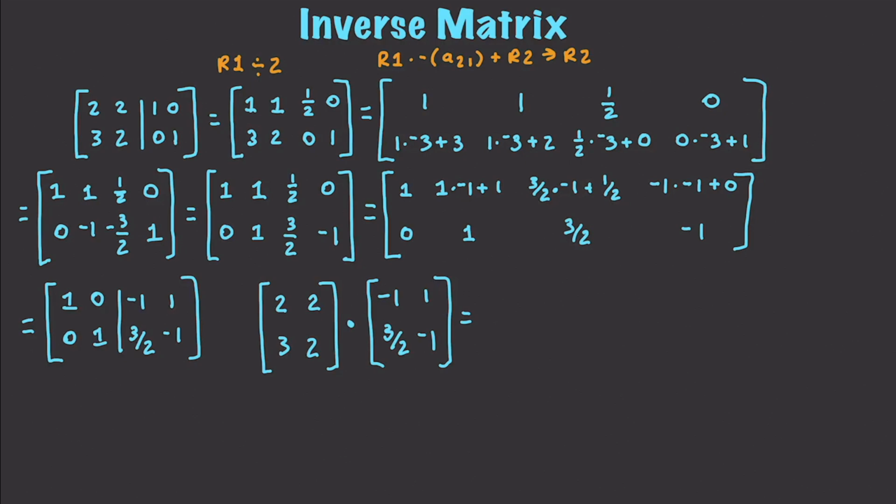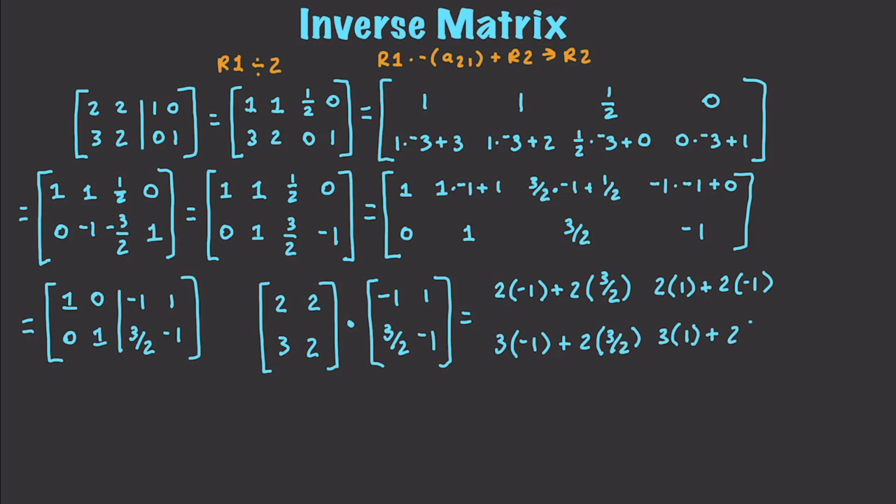If those are multiplied together, that is going to give us 2 times negative 1 plus 2 times 3 over 2, and 2 times 1 plus 2 times negative 1, 3 times negative 1 plus 2 times 3 over 2, 3 times 1 plus 2 times negative 1. And if we multiply all those out, we are going to get a final matrix that will be an identity matrix. And there you go.